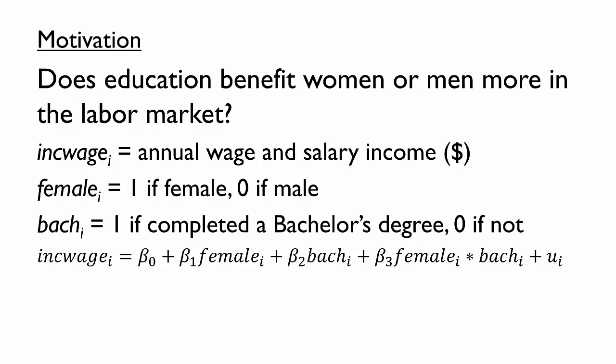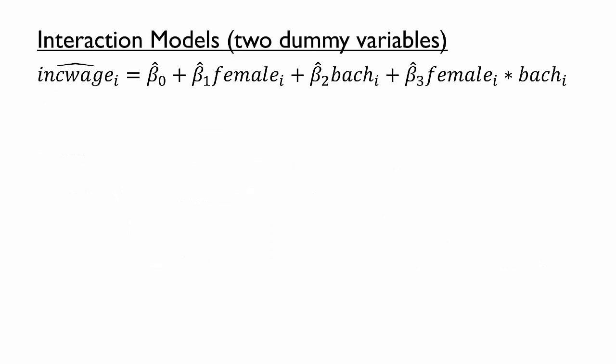In other words, this is an interaction model with two dummy variables. Here is the sample version of that same model. We will look at the numerical estimates of the parameters in a few moments, but let's attempt first to understand the model by taking a familiar approach, making predictions.